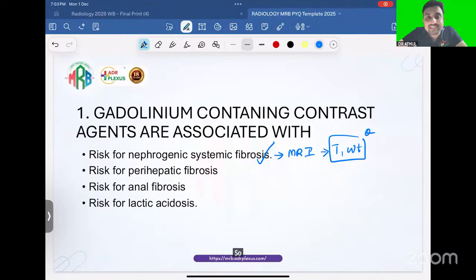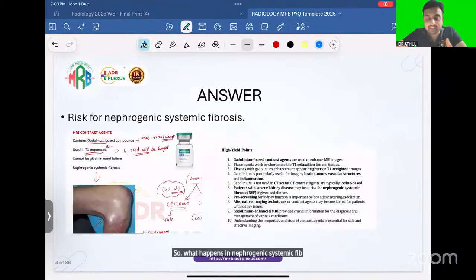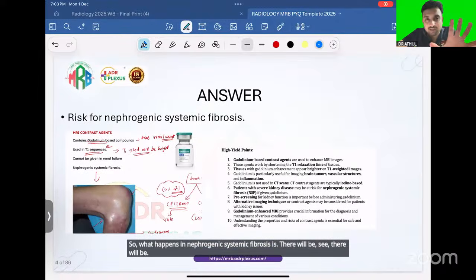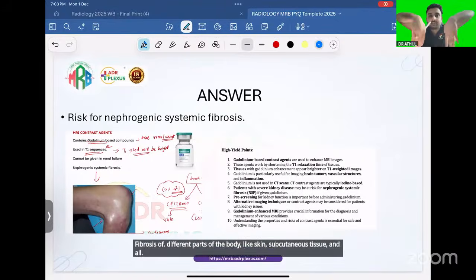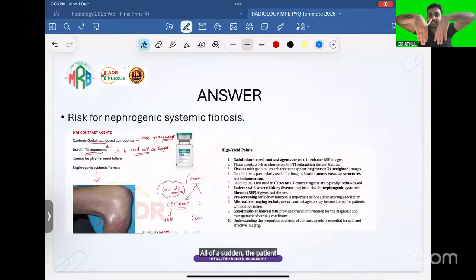So what happens in nephrogenic systemic fibrosis is there will be fibrosis of different parts of the body like skin, subcutaneous tissue and all. All of a sudden the patient will become like this. He will become stiff with reduced mobility. So it is not safe to give gadolinium.